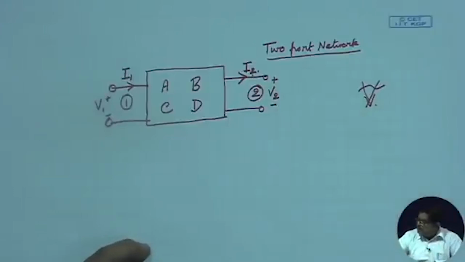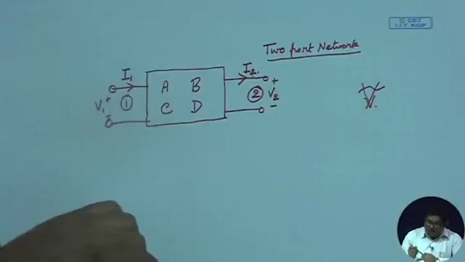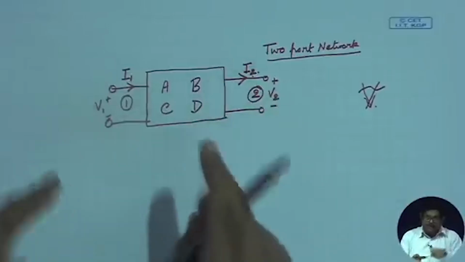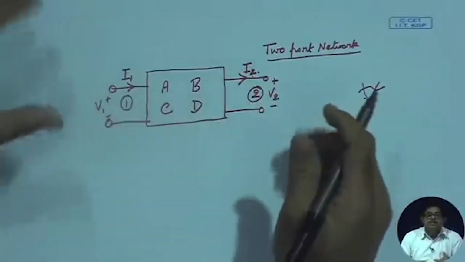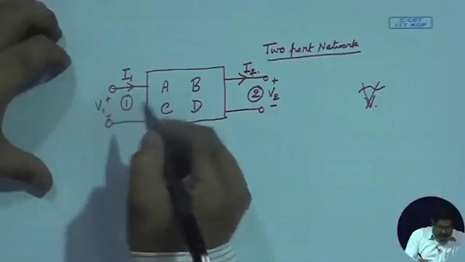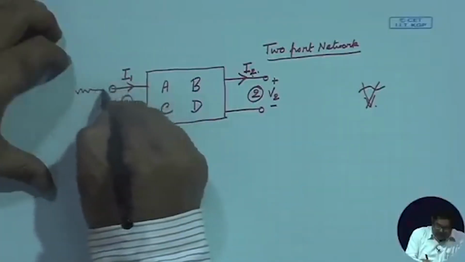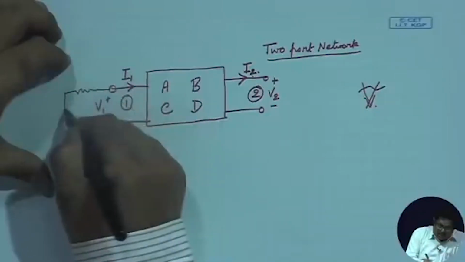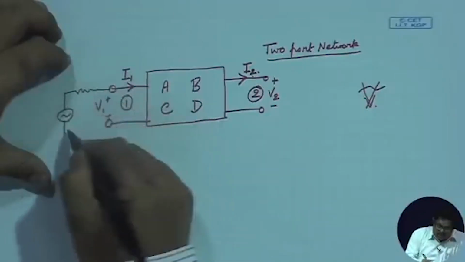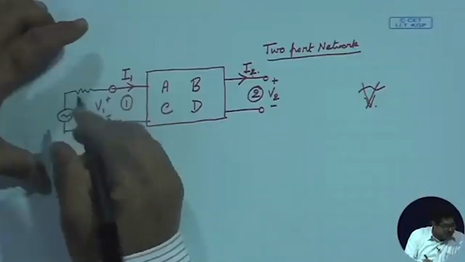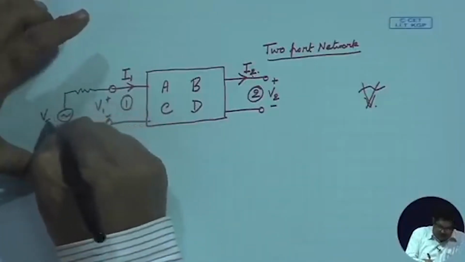Now, this obviously I will connect with a source. This is the network, this ABCD parameter, these 4 parameters completely describe the network. I need not know what is inside. If I know ABCD, I know how the network will behave when I excite with a particular voltage and current. Now, I connect with this a voltage source, complex voltage source, obviously an AC source, we are not talking of DC voltages, it is an RF circuit.